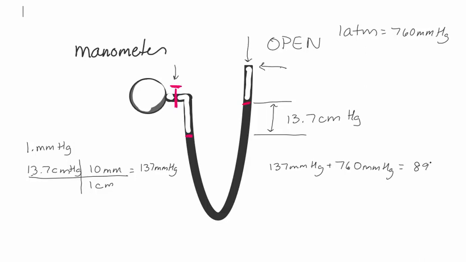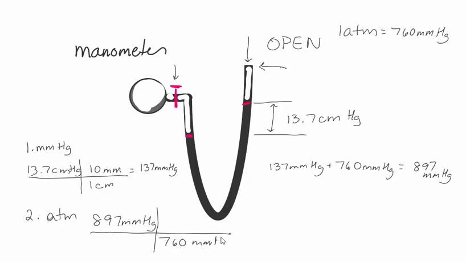Now, if I'm going to convert that, say, into atmospheres, then I need to use my relationship. So I have my 897 millimeters of mercury, and I'm going to use 760 millimeters of mercury in 1 atmosphere, and you should get about 0.18 atmospheres.